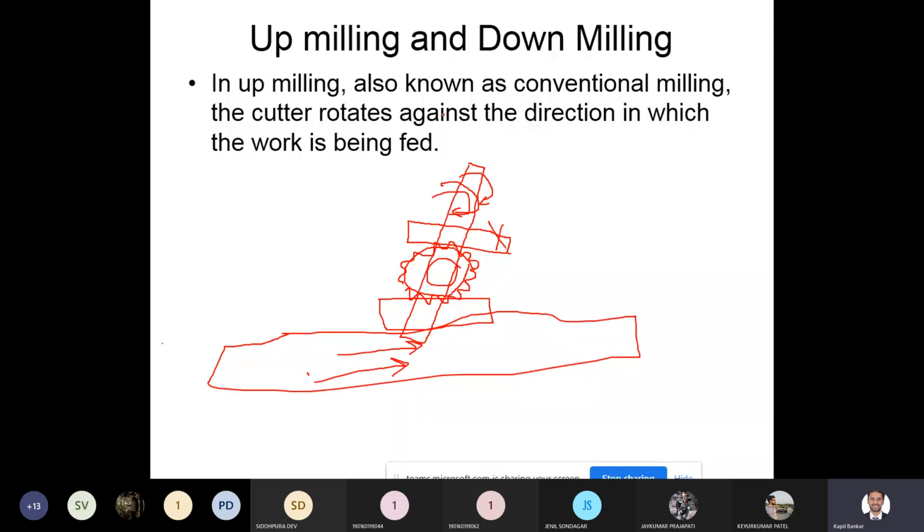That's why it says the cutter rotates against the direction in which the work is being fed. It means the directions of the cutter and the workpiece are opposite. The cutter will move in these directions and your workpiece will move in these directions. So this type of milling is known as up milling, and it is also known as conventional milling.